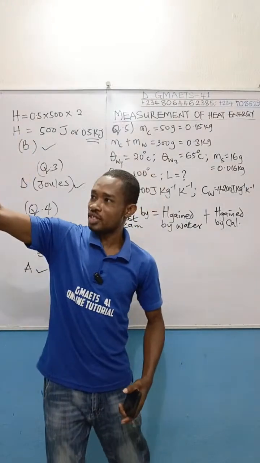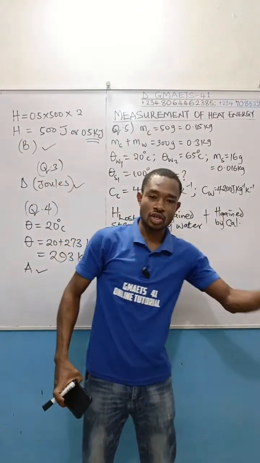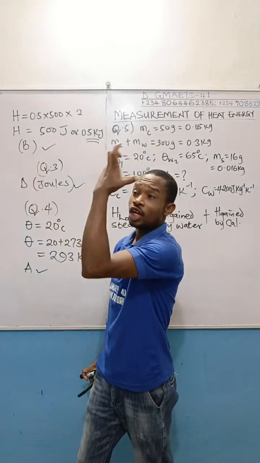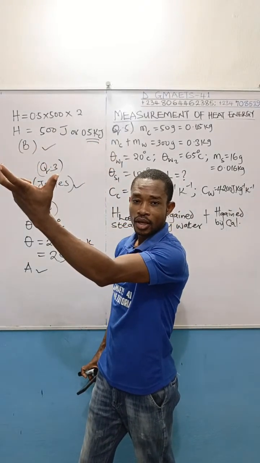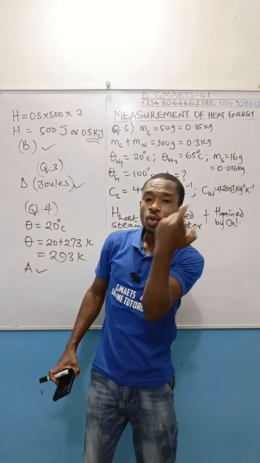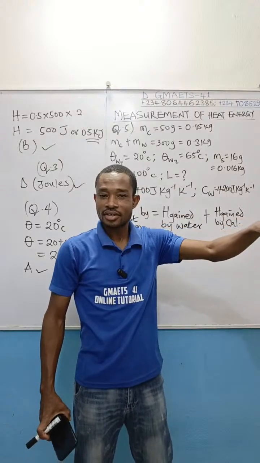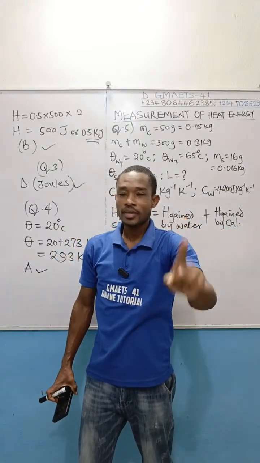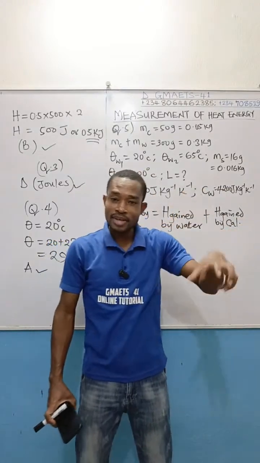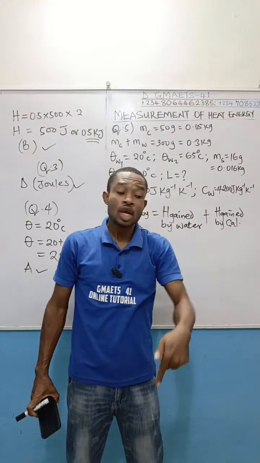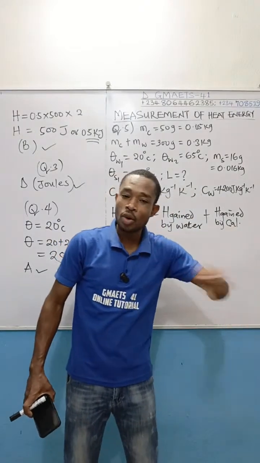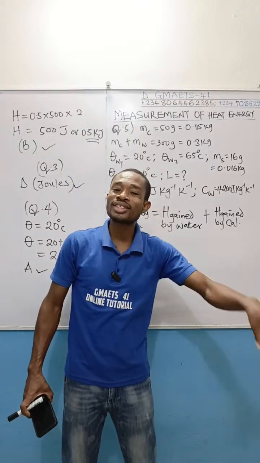So when you pass the steam to the water, the steam at 100 loses heat. It will change to liquid water at 100. Change of state, latent heat. There will be no temperature change. Then the steam that has changed to water at 100 will start losing heat again to the water in the calorimeter.